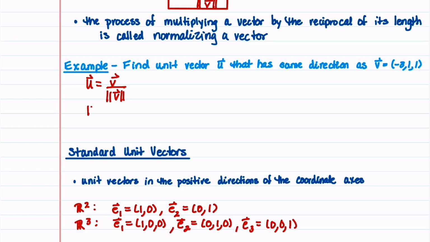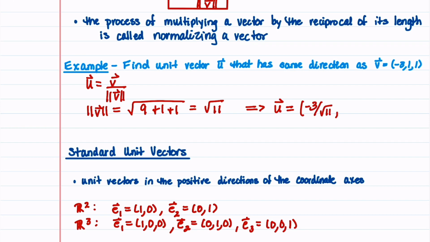The magnitude of v is going to be equal to the square root of (-3) squared, which is 9, plus 1 squared, plus another 1 squared, which is root 11. And that tells us that u is equal to (-3 over root 11, 1 over root 11, 1 over root 11).